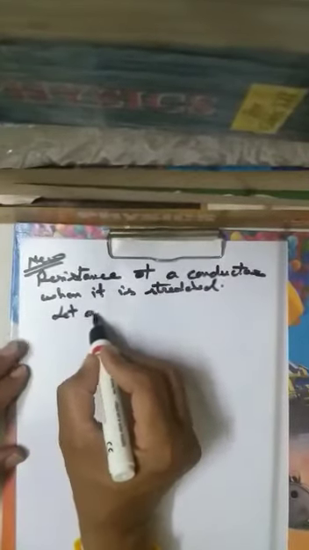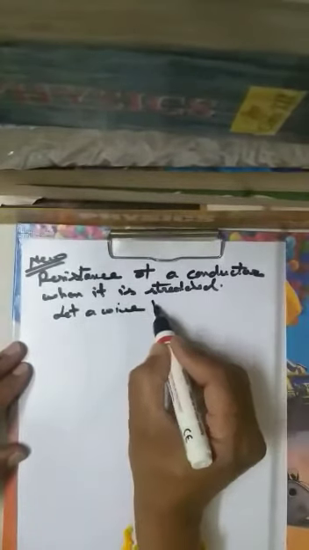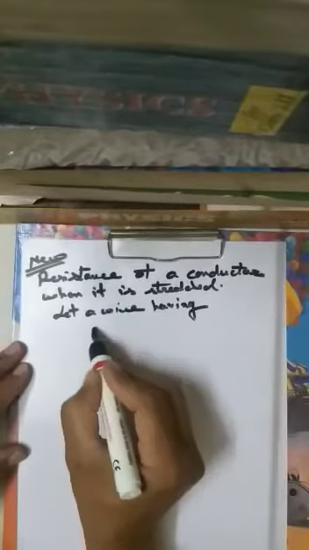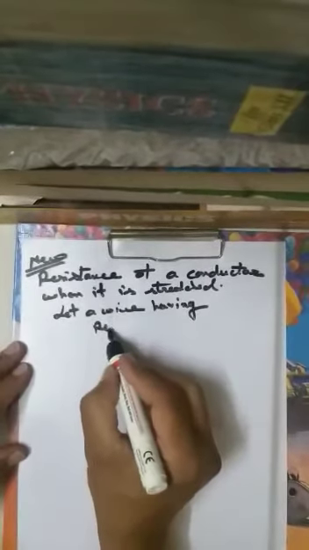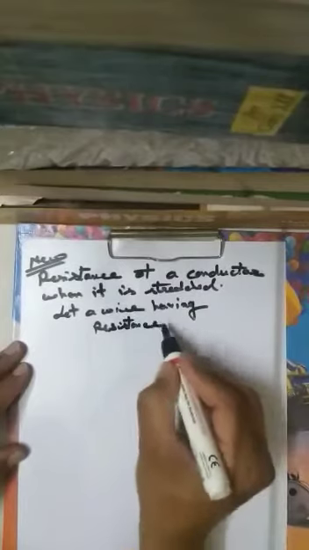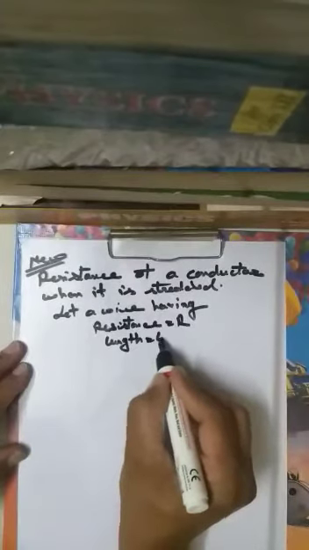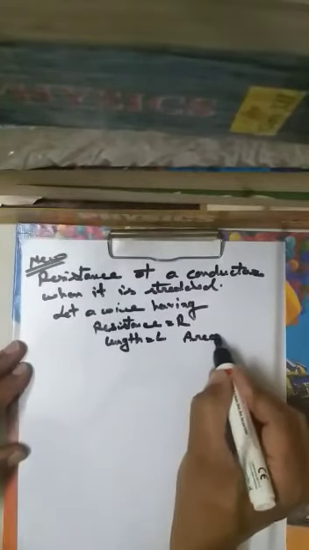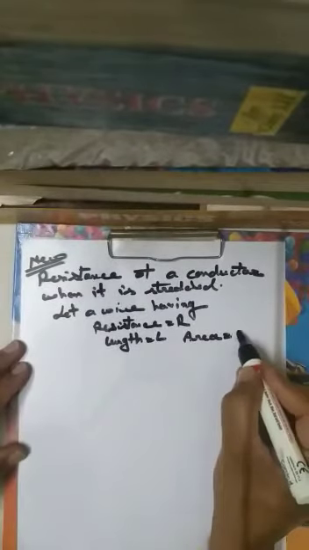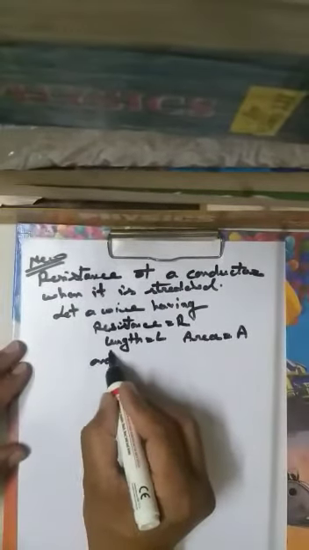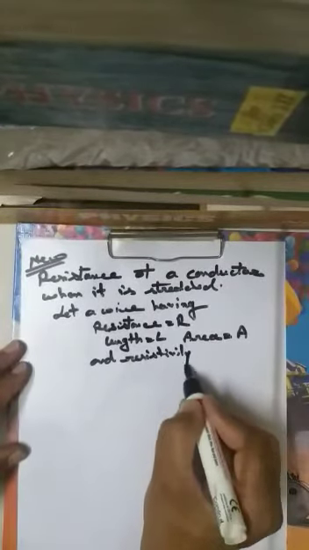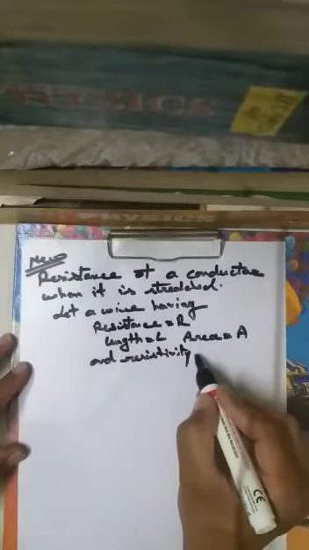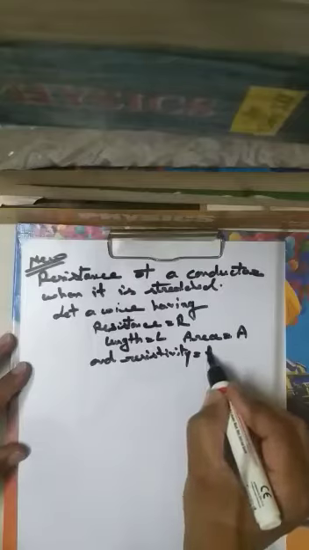Let a wire having resistance R, length L, area of cross section A, and resistivity rho.